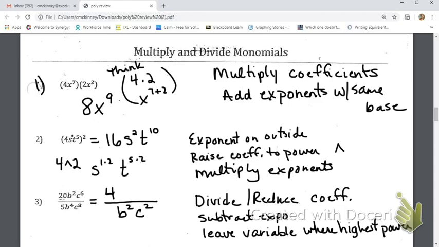It could turn out one's on top, one's on bottom. They can both be on the bottom. But we're leaving the variable where the higher exponent was. If everything turns out to be on the top, then it doesn't need to be written as a fraction anymore.